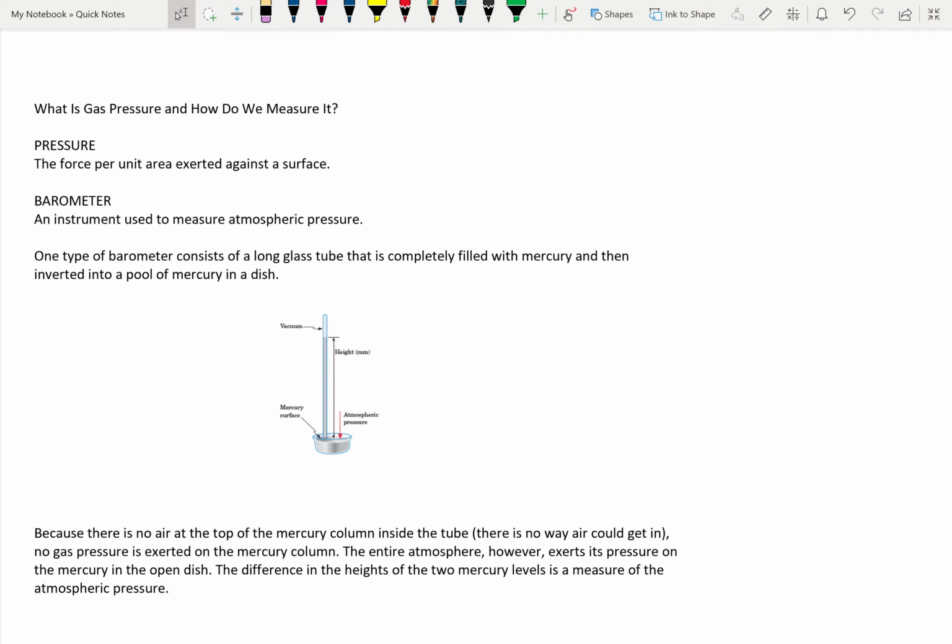There's no gas there, there's nothing there, it's just vacuum. And then we have the glass rod in the mercury dish. So this dish is open to the air. What happens is the pressure on the dish pushes the mercury up or down, and that's how we measure atmospheric pressure.